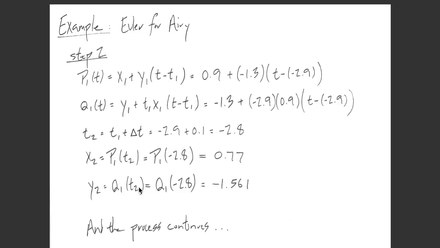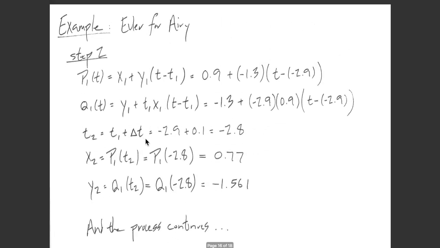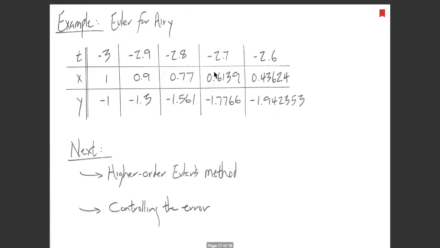And y2 is what you get when you plug t2 into q1, and that turns out to be negative 1.561. And the process continues. I'm just showing you here what you get when you carry this out a couple more steps. You might want to try this by hand yourself. Go to step 3 and step 4 and see if you get the same values I got here.